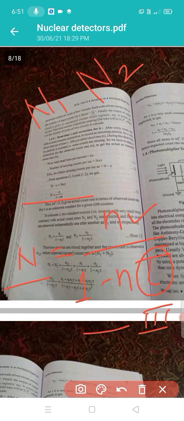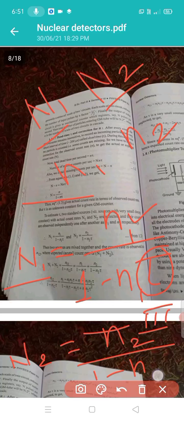We can use two standard sources having actual count rates N1 and N2, and their counts are observed. Their observed count rates are small n1 and small n2, respectively. Then we get N1 is equal to n1 divided by 1 minus n1 tau.